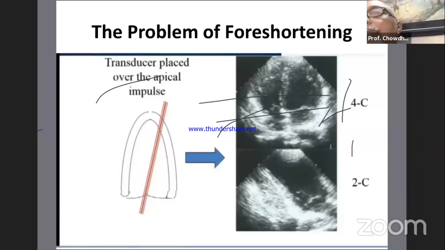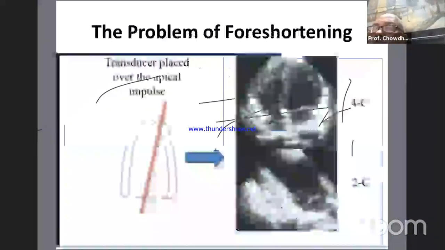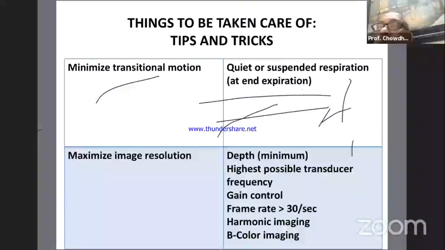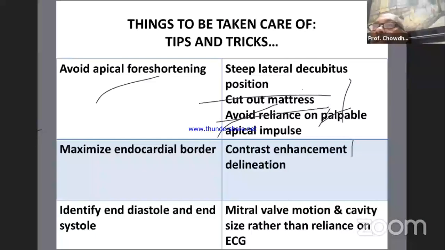Foreshortening is a very important point where we miss the accurate assessment of the left ventricle, and we should always avoid this foreshortening. And there are certain ways we can avoid it.